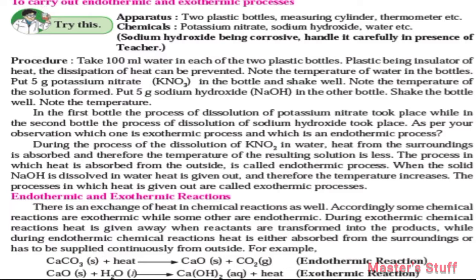Put 5 gram potassium nitrate KNO3 in the bottle and shake well. Note the temperature of the solution formed. Put 5 gram sodium hydroxide NaOH in the other bottle. Shake the bottle well. Note the temperature.